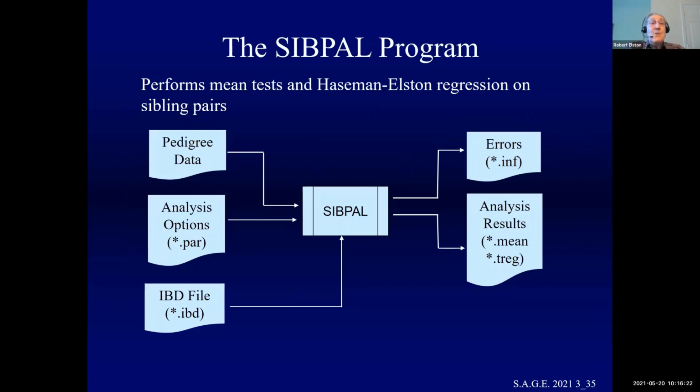However, the way we allowed for half sibling pairs was not ideal, and nowadays you should never use SIBPAL for half sibling pairs. You should use RELPAL, which we'll talk about later. So nowadays we're only using full SIB pairs for SIBPAL.